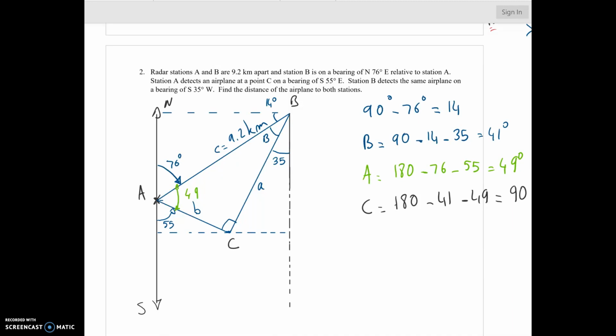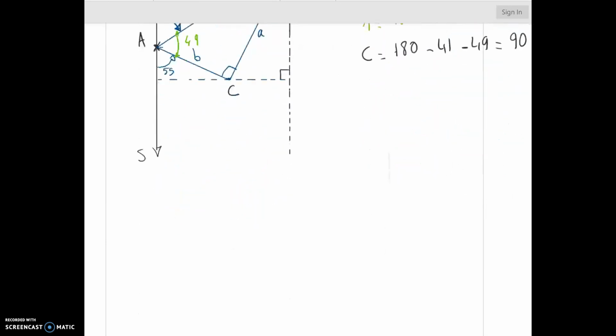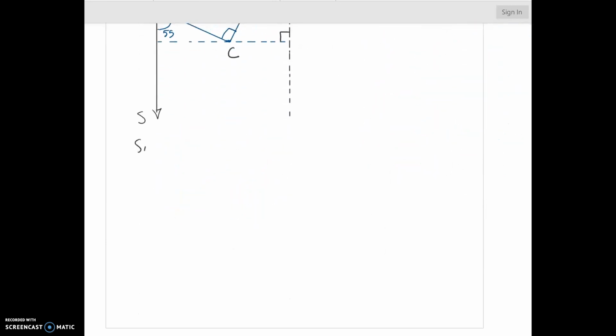All right, so now, if I want to find the side A, the cosinus of the angle 41 degree, the cosinus of the angle B, is equal to A over 9.2.